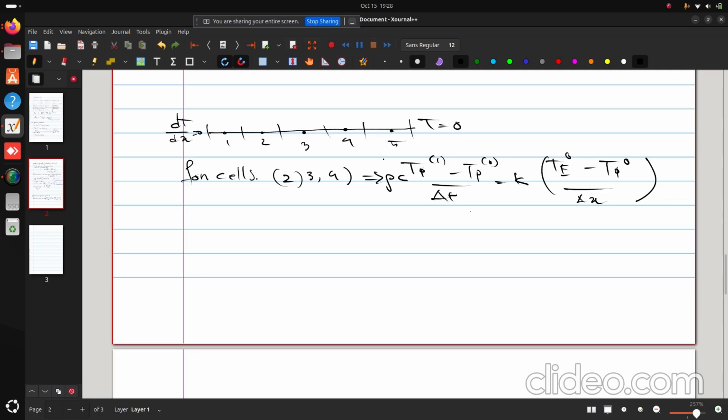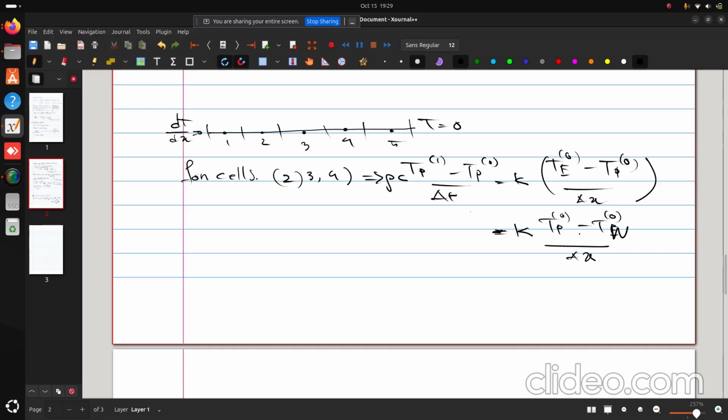So what we can write is, this is for the east boundary, and for the west boundary this will be minus k times Tp0 minus Tw0 divided by delta x. Sorry.